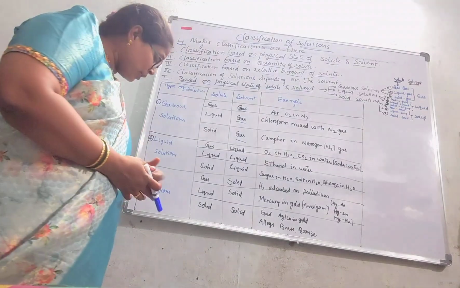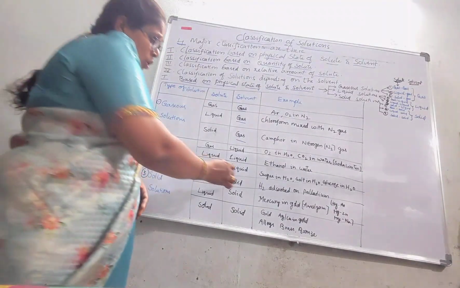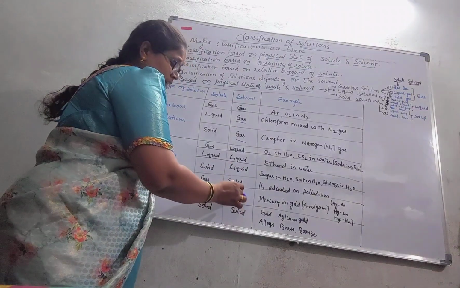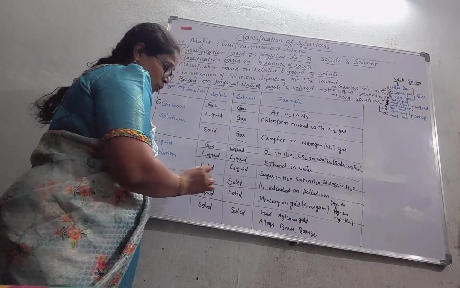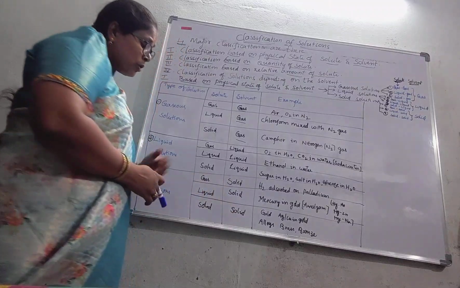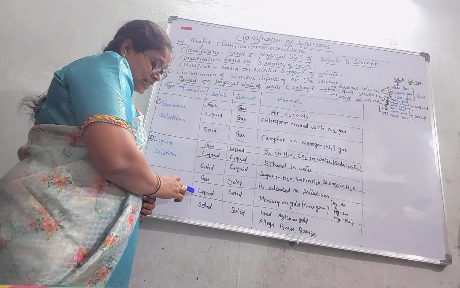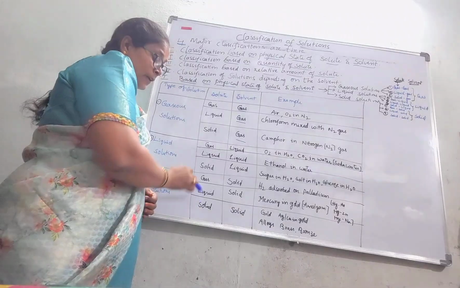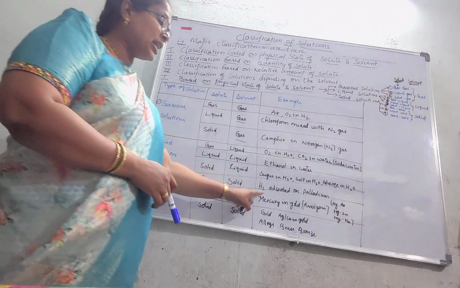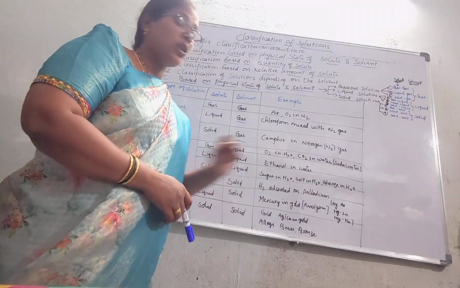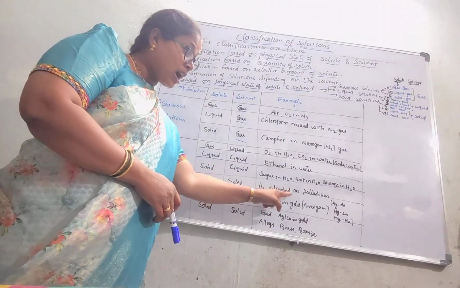Okay, next coming to the solid solutions. In solid solutions, solid only is taken as a solvent. The state of the solvent is solid only. And as for the solute, in one case gas will be the solute, in another case liquid, in another case solid. So the example for gas in solid type: hydrogen adsorbed on palladium. Hydrogen is a gas that is adsorbed on palladium.